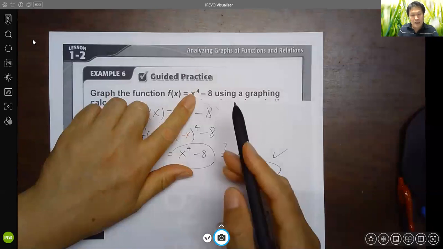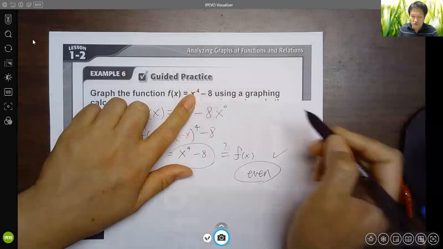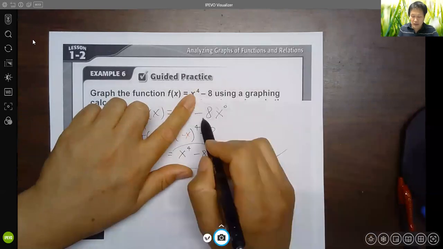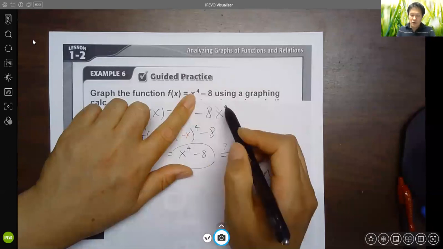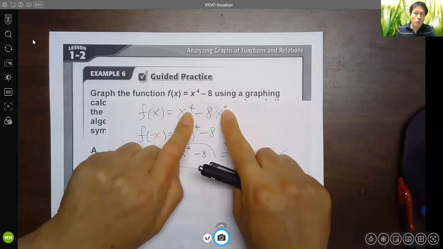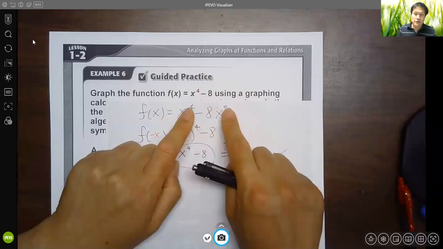So minus 8 is exactly the same as minus 8 x to the 0 power. x to the 0 power means 1. So a constant is the same as x to the 0 power. So all I'm trying to say is the power of x is 0, the power of x is 4. Both 0 and 4 are even. 0 is considered even. So if all the powers of x are even, then it is an even function.